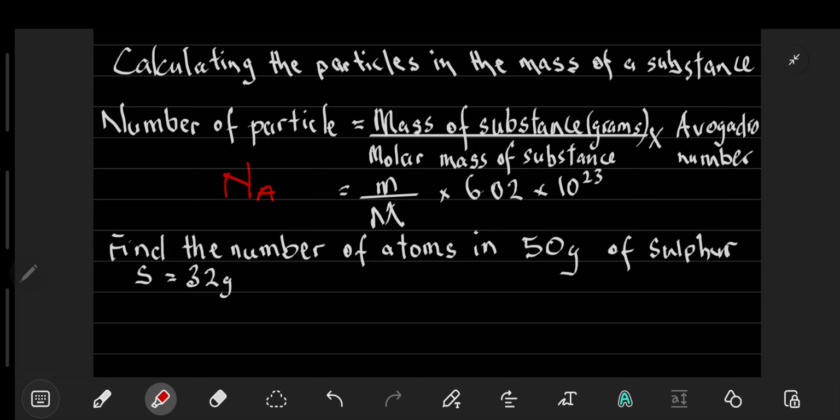Remember that this is going to give us the number of moles. So in other words, it is number of moles times Avogadro's constant.